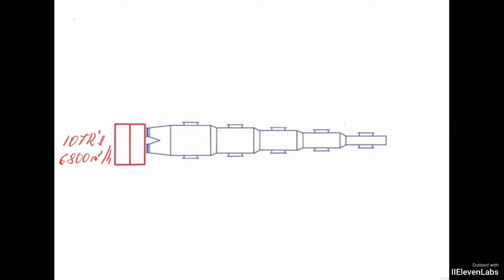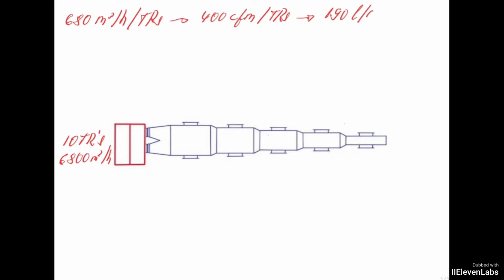So we have the standard flow when we talk about central air conditioning. It's 680 cubic meters per hour per TR, equivalent to 400 CFM per TR, right? That's about 190 liters per second per TR. This is the standard flow.